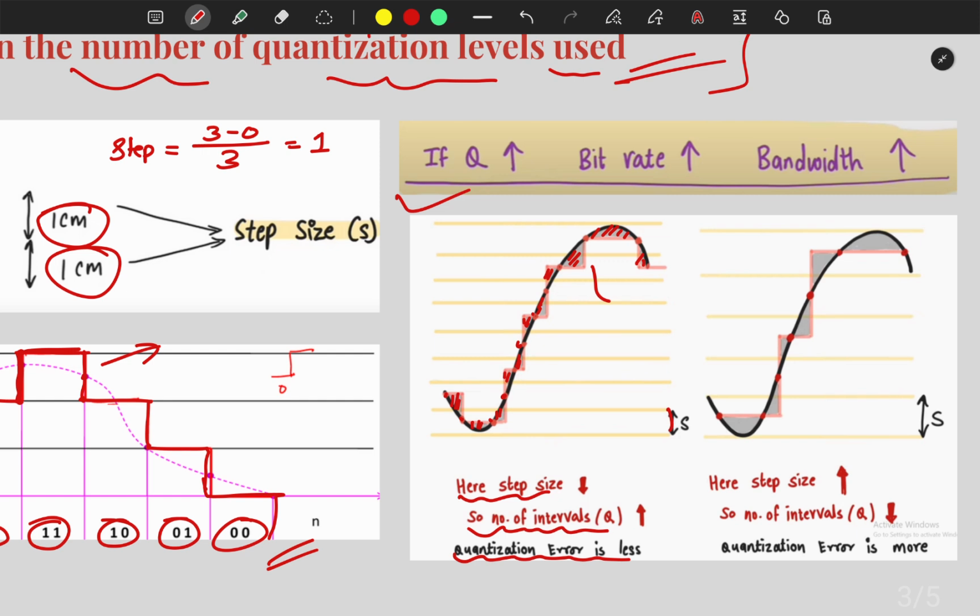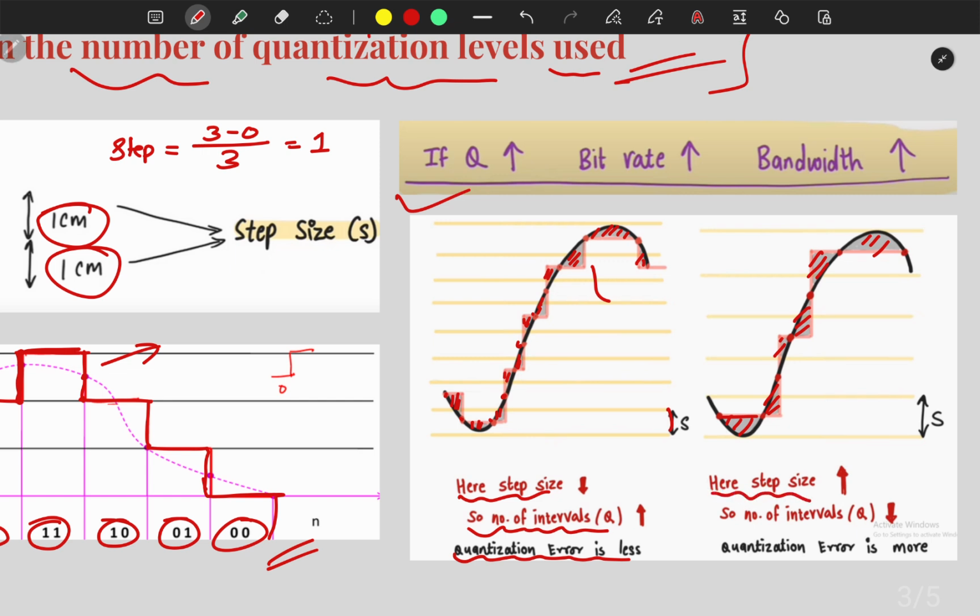But if we take long gaps, then the error size is more. If the error size is more, then there is a wider difference between the original value and the approximate value.